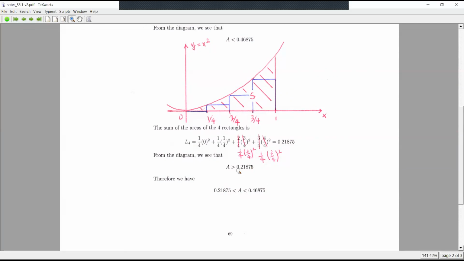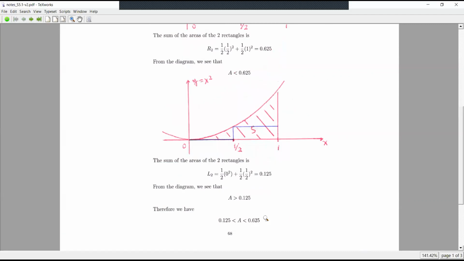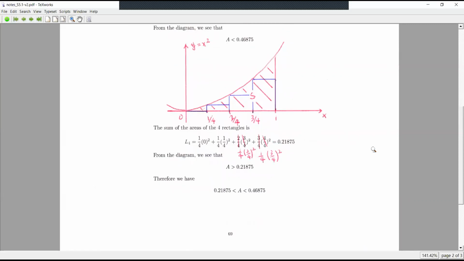Yeah, this number is a new lower bound for A. The lower bound in step 1, let me see, is 0.125. Now the lower bound in step 2 is 0.21875. This number is closer to A because I use more rectangles to approximate the region.